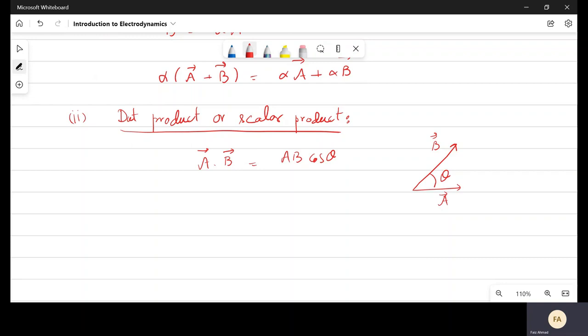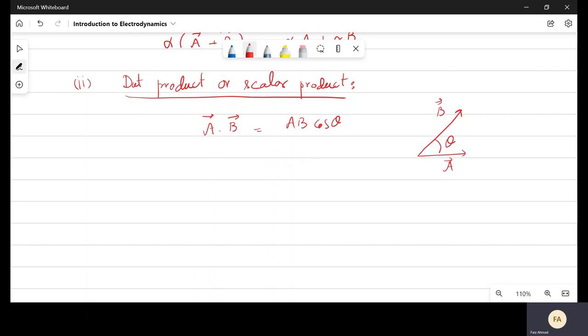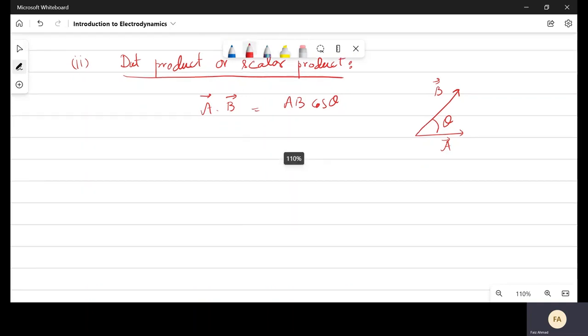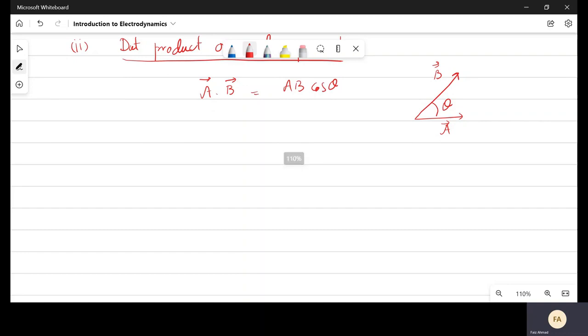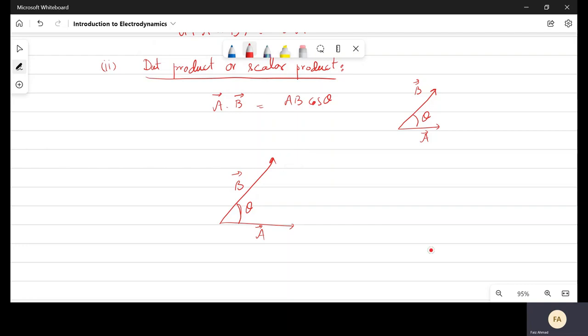And geometrically, or the physical meaning of this dot product is, if we have these two vectors, the dot product is in fact the projection of vector B on vector A. We have vector A, we have vector B, so we have to draw a projection.